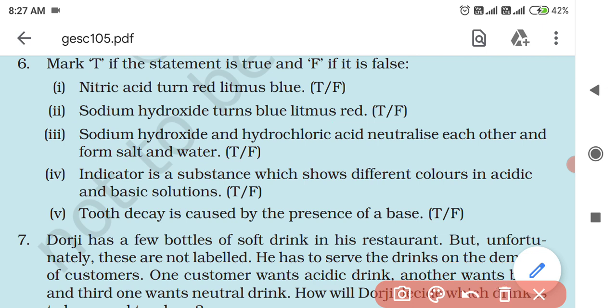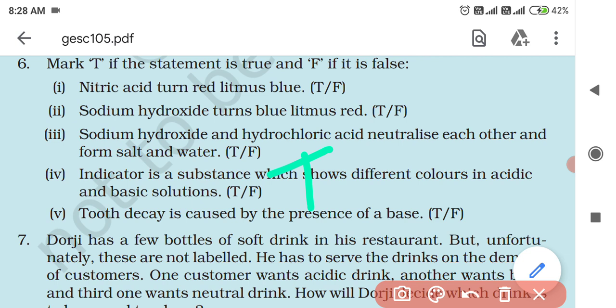Next, Roman number 4: an indicator is a substance which shows different colors in acidic and basic solutions. Again, this statement is true. Why? Because indicators are used to determine the acidic and basic nature of solutions by changing color. For example, there are lots of indicators, like litmus, China rose petals, turmeric.